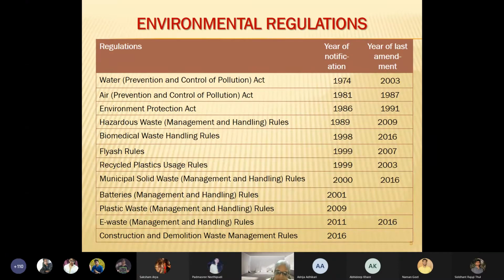So whether it's a municipality, whether it's a municipal corporation, in small towns or villages where it's the district magistrate, whoever is the administrative authority of a particular location, that administrative authority is fully legally responsible for providing proper management of the waste.